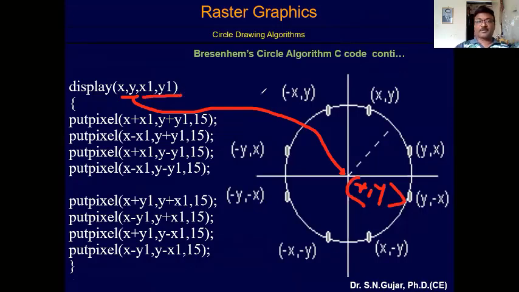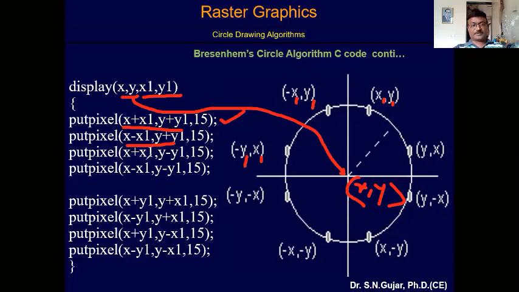Here x1, y1 are the ones I have taken, this is all x1, y1, that you have to add and subtract. So in the display function, x, y, x1, y1, these are the 4 parameters you have to pass. Opening curly bracket, use putpixel. Putpixel x plus x1, y plus y1, both are plus. Then x minus x1, y plus y1, 15 is the color.